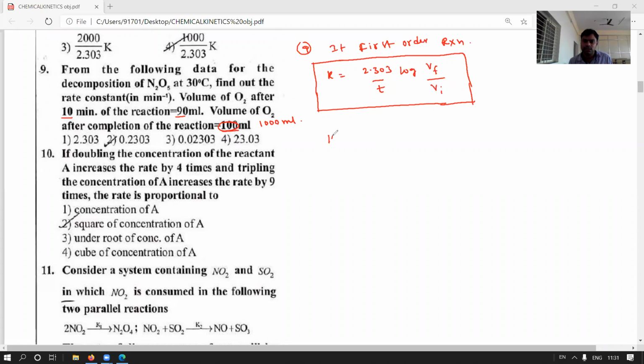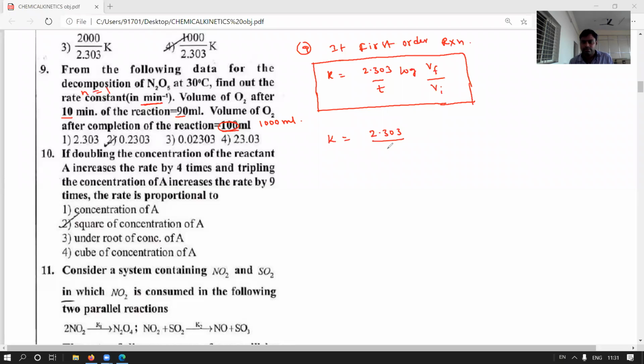Now K is equal to 2.303. The units are asked in minute inverse, which means n is equal to 1, a first order reaction only.